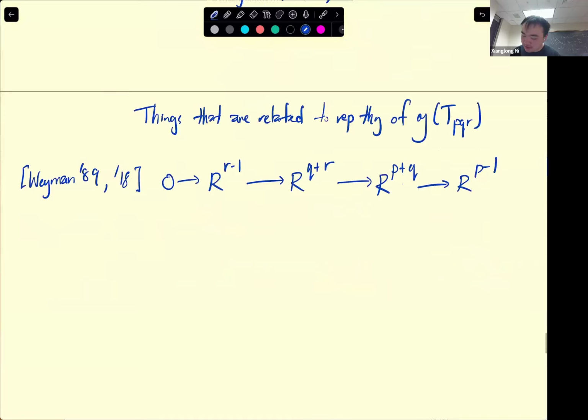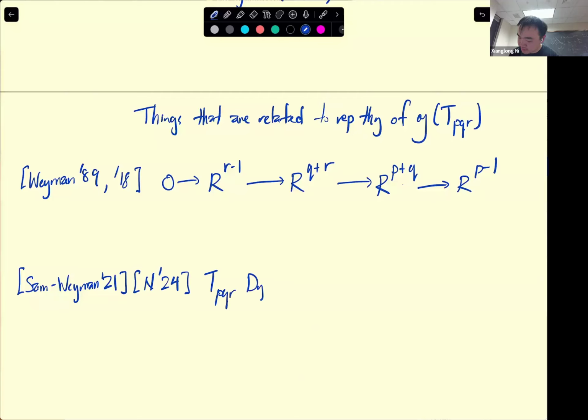But also, Sam and Weyman in 21, and then later using ideas from that paper I showed in my thesis, that if we assume that T, P, Q, R is Dynkin, then, well, I'm describing things that are related to representation theory of this guy, and I claim that the structure theory of grade p plus 1 Lichy ideals with deviation q minus 1 and type r minus 1 are related to the representation theory of this algebra.